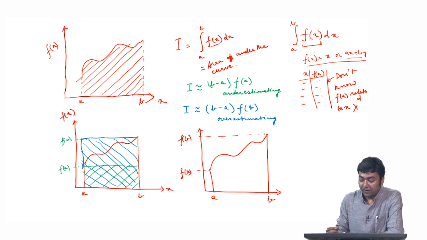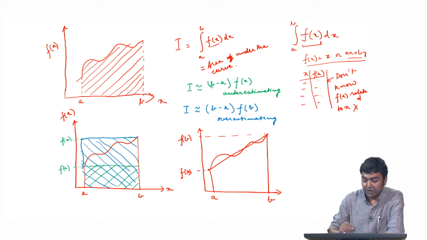Instead, let me join this point at A with this point at B, and then estimate the area under this trapezoid.